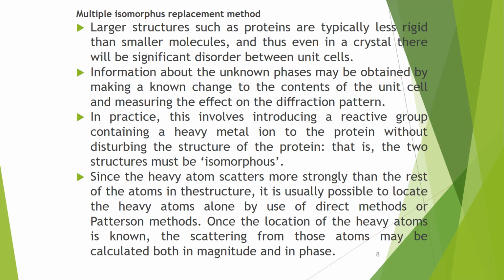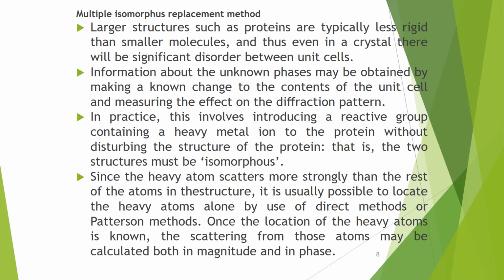Information about the unknown phase may be obtained by making a known change to the contents of the unit cell and measuring the effect on the diffraction pattern. In practice, this involves introducing a reactive group containing heavy metal ions to the protein without disturbing the structure of the protein. That is, the two structures must be isomorphous.